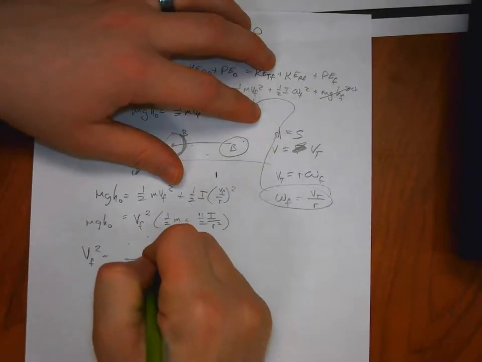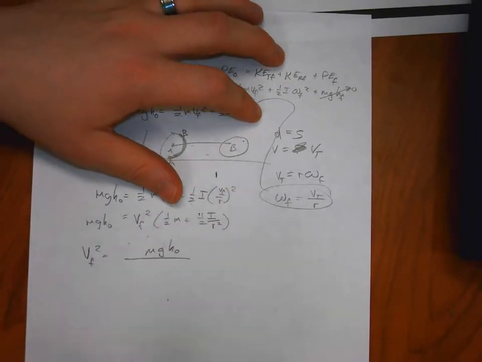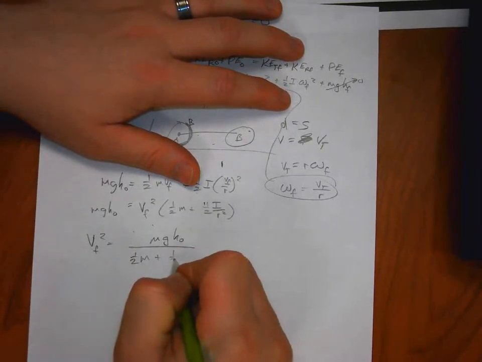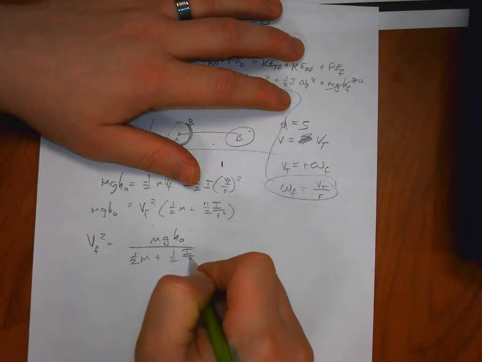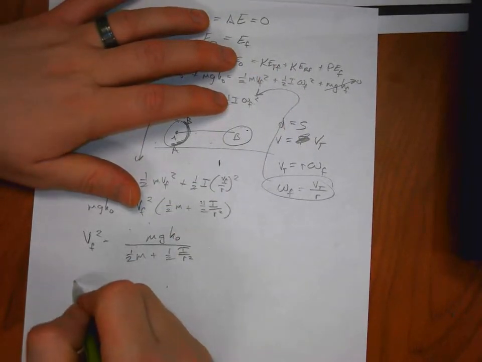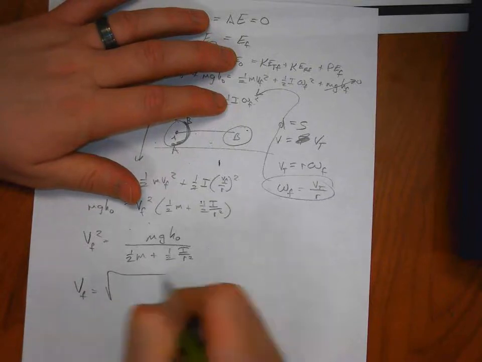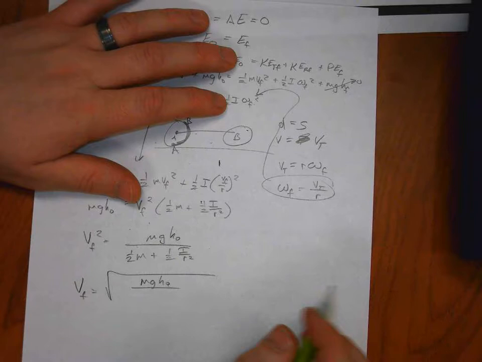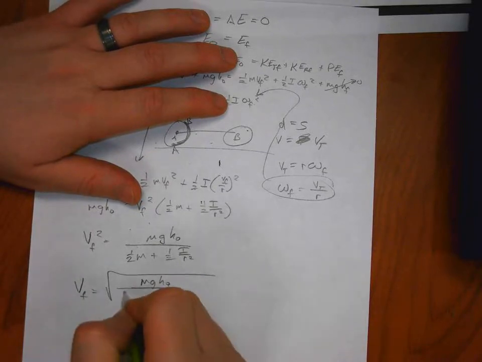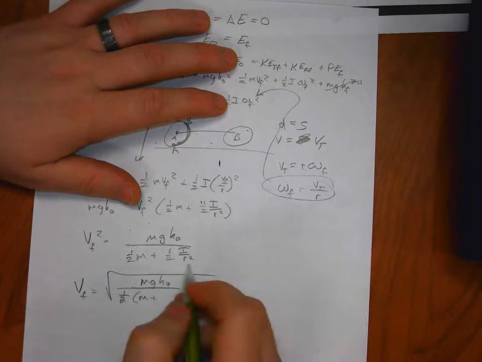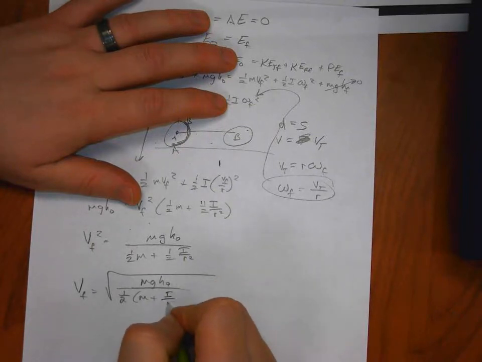It's equal to mgh naught over 1/2 m plus 1/2 I over r squared. And then V final is just equal to the square root of mgh naught over, maybe I'll pull out the 1/2, m plus I over r squared.